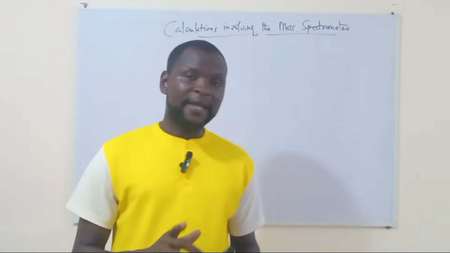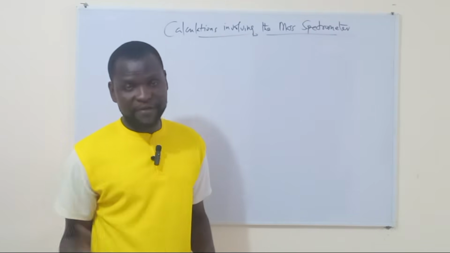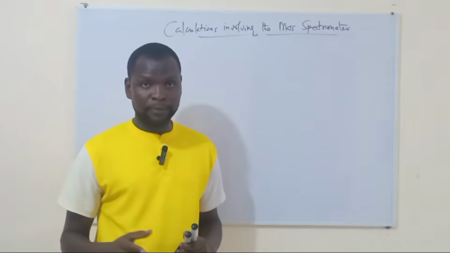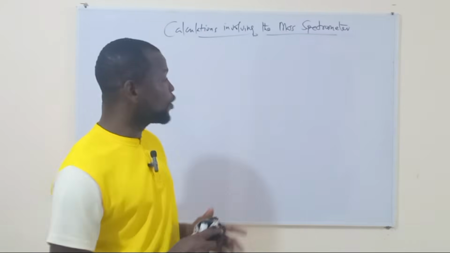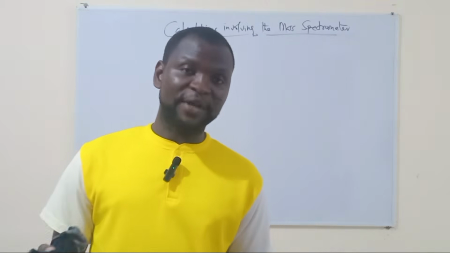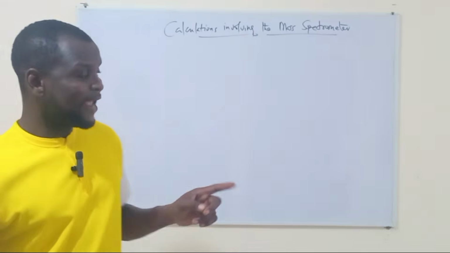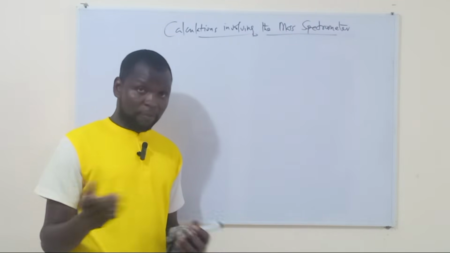Calculate the percentage abundance of the various isotopes of boron. So this is a question where we are no longer looking for the relative atomic mass, because it was given to us in the question. We are calculating the percentage abundance of the various isotopes of boron.